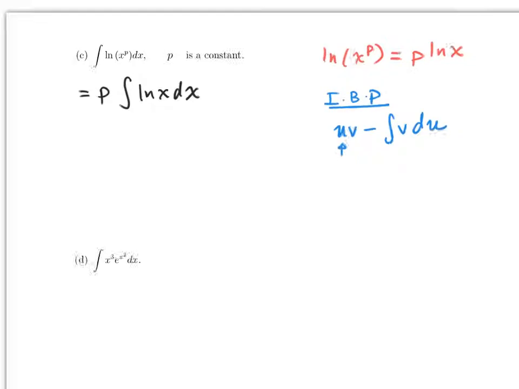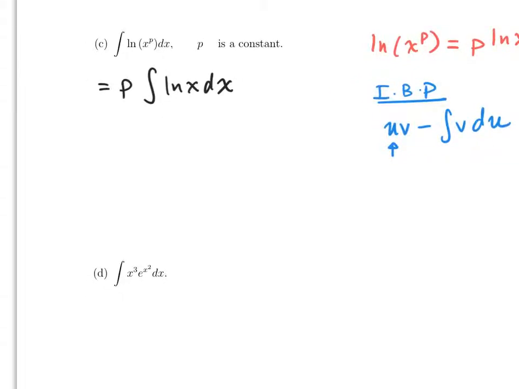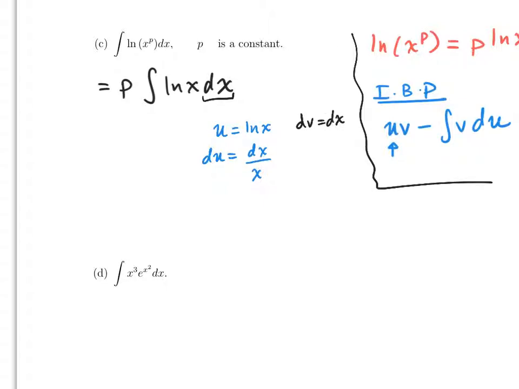In our case, let's say that u is ln x, so that implies du is just dx over x. The only thing left here is the dx, so that means dv would have to be dx, which implies v is equal to x.